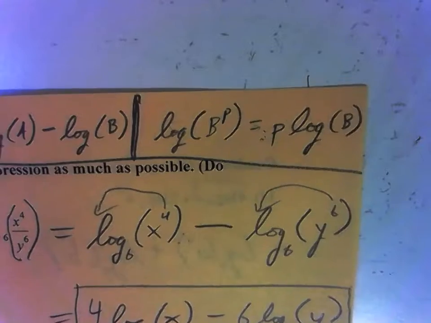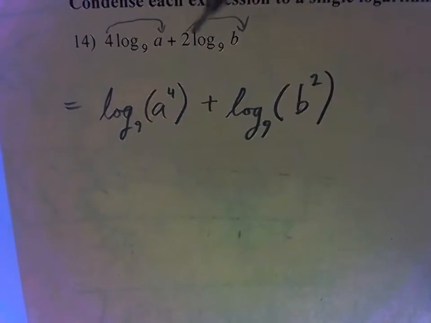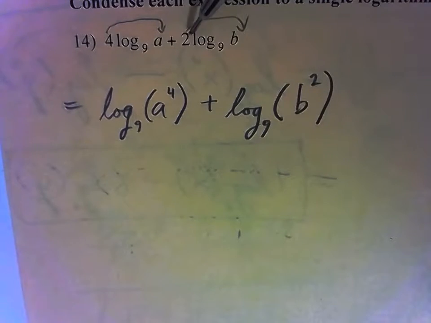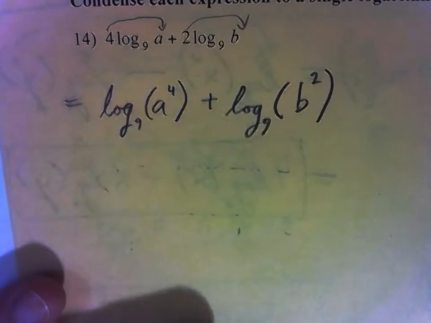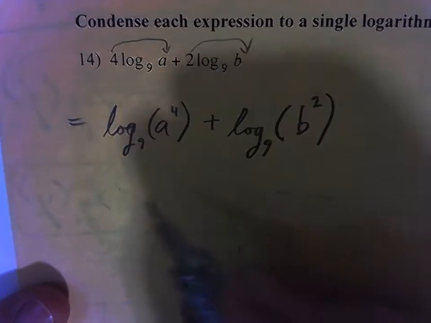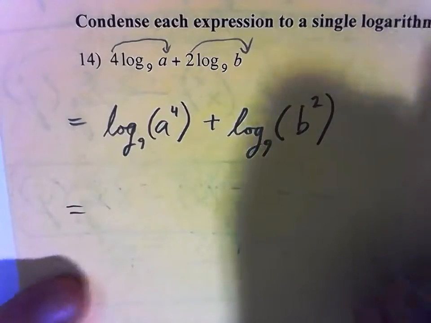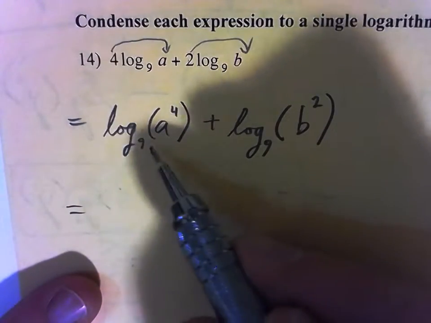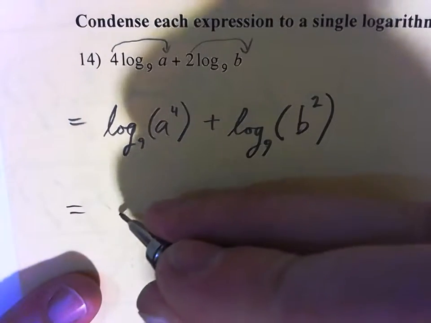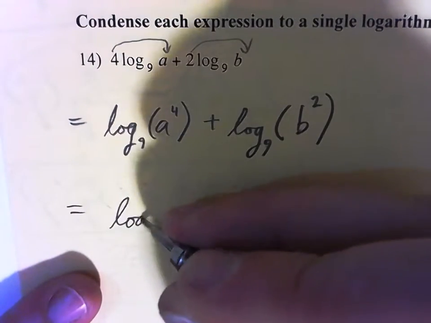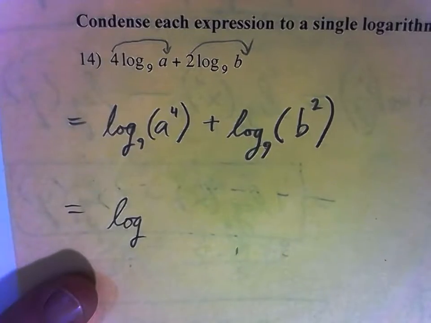This guy right here. But instead of putting the 2 to the front, we're taking the 2 from the front and putting it inside as a power. Okay. Then adding 2 logs of the same base will become multiplication on the inside of the log, product property.